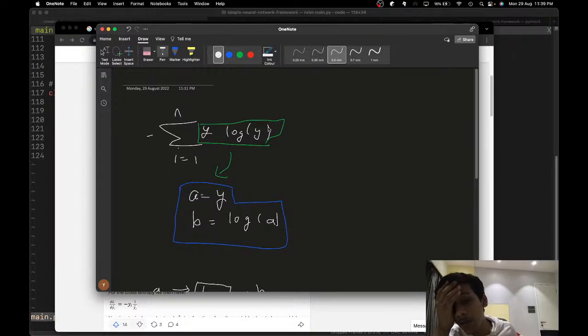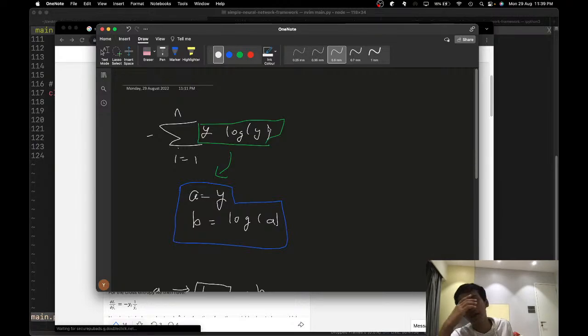Wait, am I just complicating this? Because y log y, I could just do chain rule on this, right? Could I? Yeah, I could.